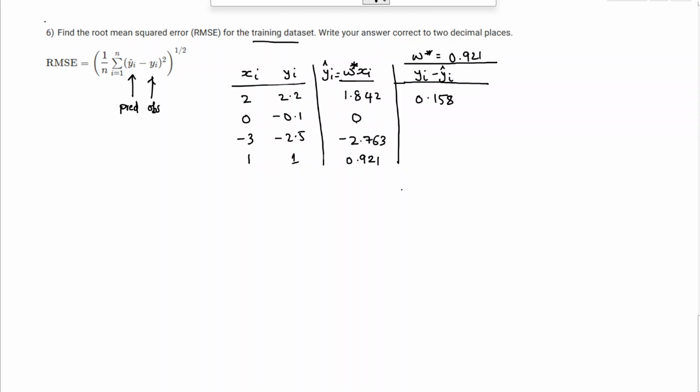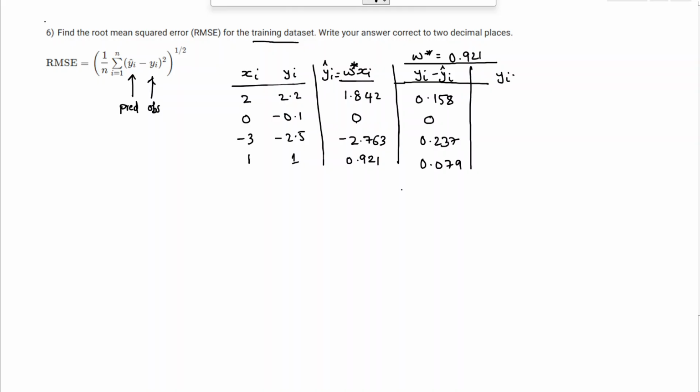In the second case it would be 0. Then we would have 3 minus 2.763, which is 0.237, and then 1 minus 0.921, which is 0.079.